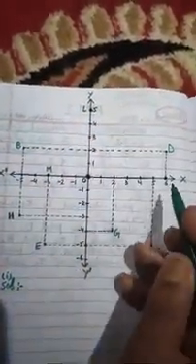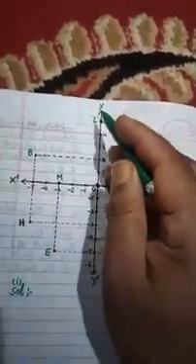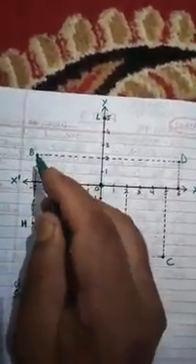Since point B is present in the Cartesian plane, it is a Cartesian plane because it has two intersecting lines, that is the x-axis and y-axis. So these two intersecting lines make a Cartesian plane, and point B is present in this Cartesian plane.